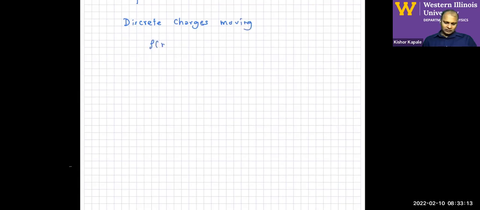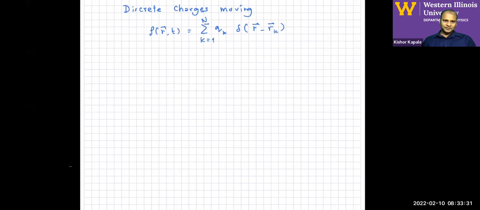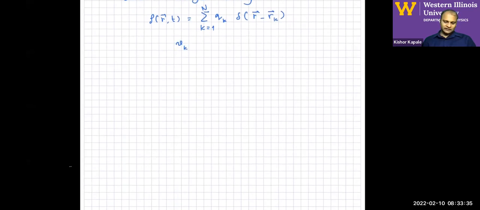And so you could think about rho of r, t as some collection of charges, like we saw, r minus r_k. That's how we write it. Sorry, not infinity, it's a finite number of charges at positions r_k. And then let's say the velocity with which each one moves is v_k.